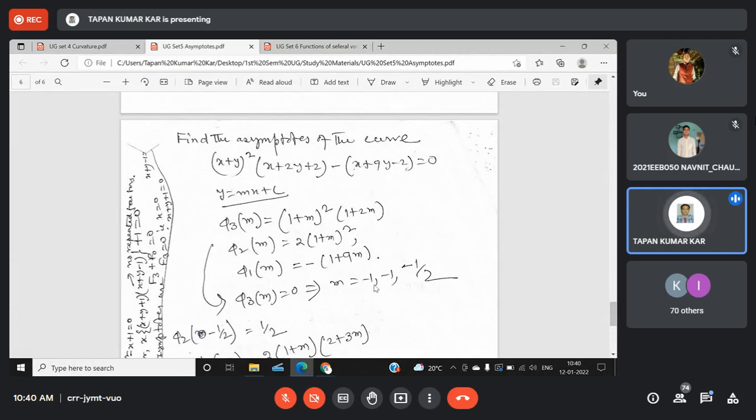Now look at this. There is a repeated root, m equal to minus 1, minus 1. Then again, if you differentiate phi 3m and set m equal to minus 1, that is equal to 0, because still there is a factor 1 plus m.